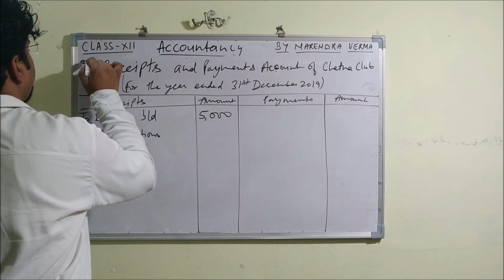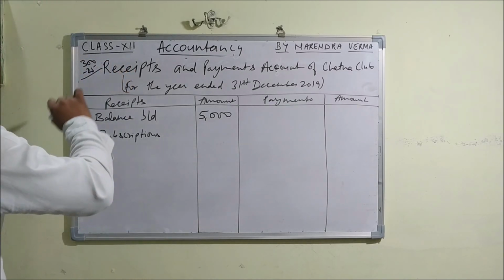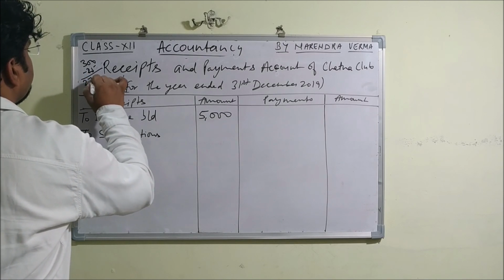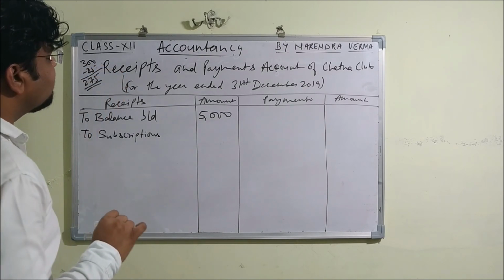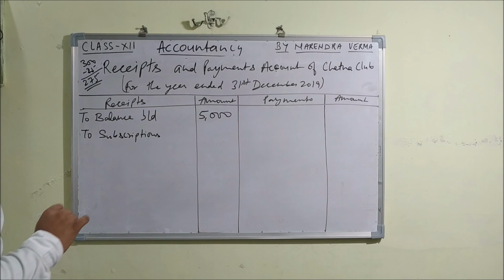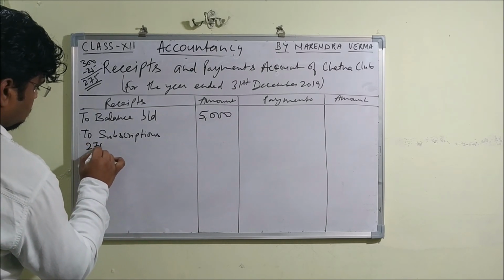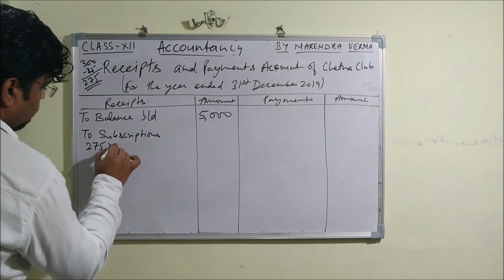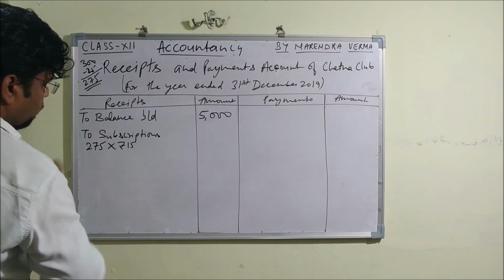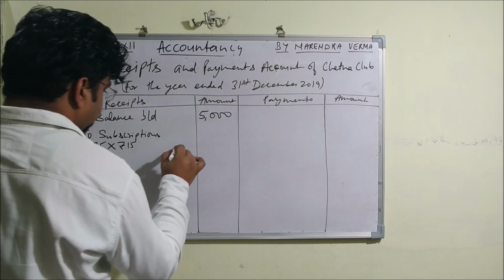So we subtract 25 from 300, we get 275. So 275 members paid subscription at 15 rupees per head. So here we can mention 275 multiplied by rupees 15. How much does it come to?